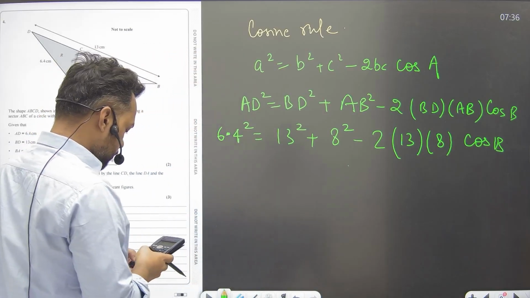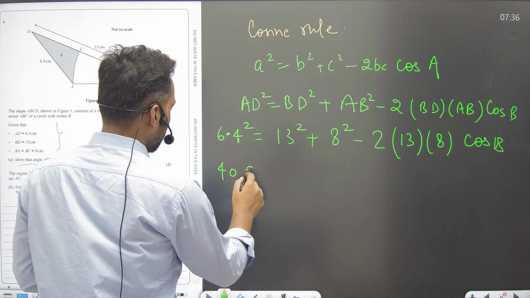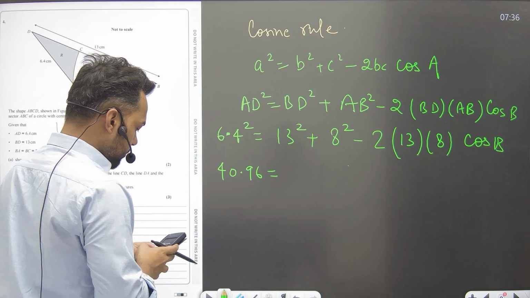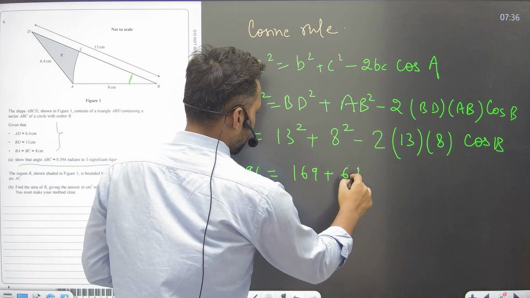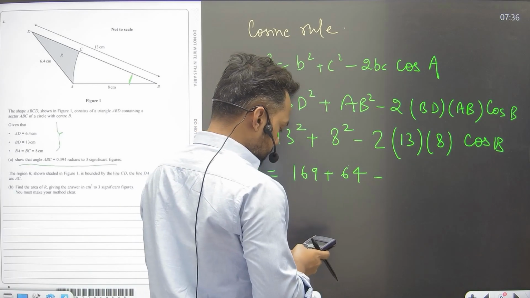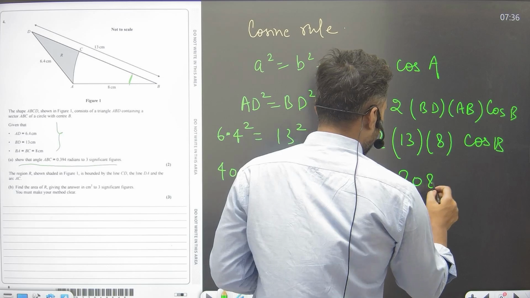So I'll do it for you. 6.4 square will be 40.96, equals 13 square is 169 plus 8 square is 64, minus 2 times 13 cross 8, which will be 208 cos B.